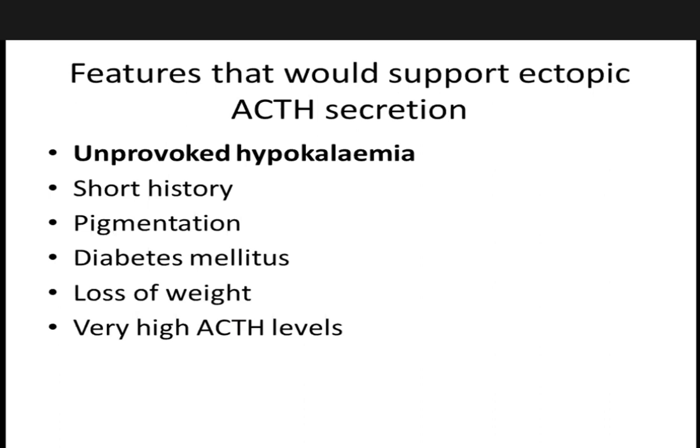They will have a very short history. They will have pigmentation. They will have diabetes mellitus and loss of weight related to the malignancy, and they will have very high ACTH levels. So all these features would go.